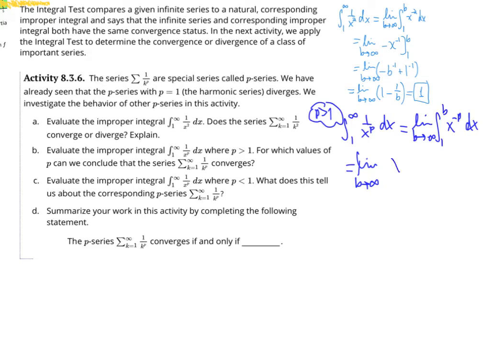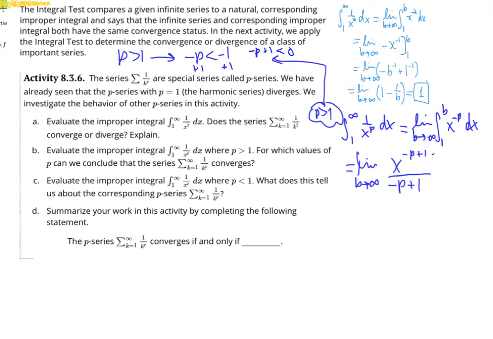So the antiderivative will be x to the negative p plus 1 over negative p plus 1. Again, taking this inequality p greater than 1, if I multiply both sides by negative, I switch the direction of the inequality. If I add 1 to both sides, I get that negative p plus 1 is less than 0. Less than 0 means negative.